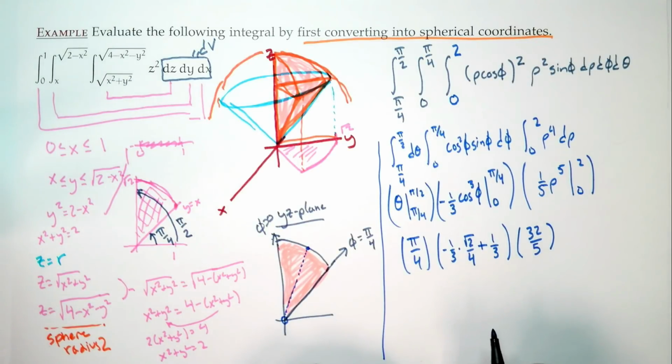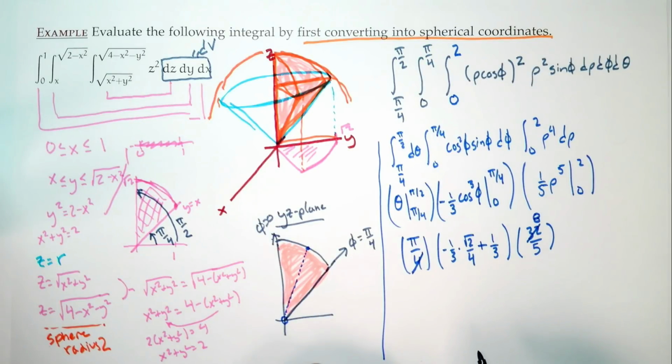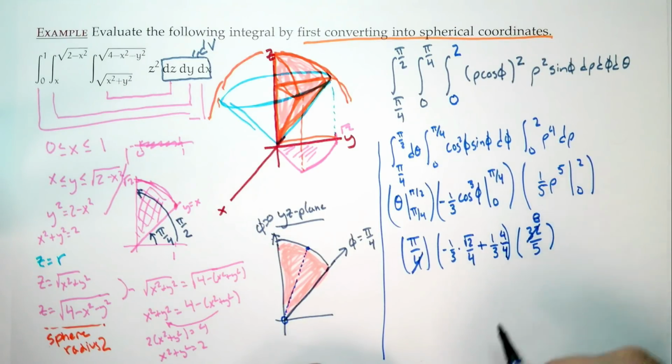Now we could leave it like that. We could. Or we could go a little bit further. So what are some things we can do? Well, the 4 goes into the 32, leaving us with 8. That's a good sign. Now here, suppose I wanted to add these terms. Well, I'd multiply this by 4 over 4. So what do we have? We have 8/5 from the end times pi.